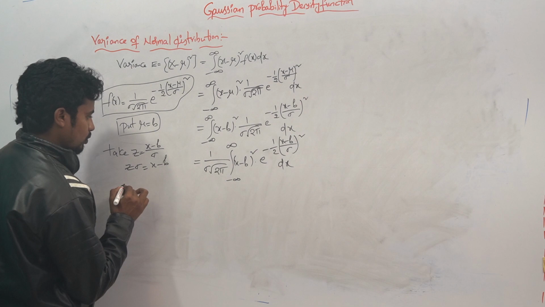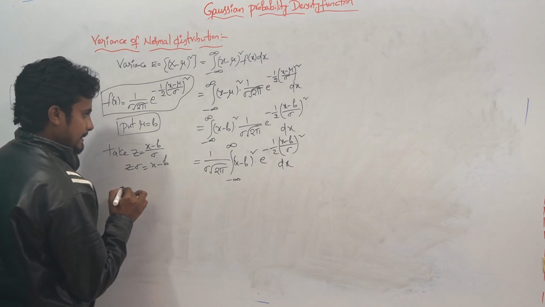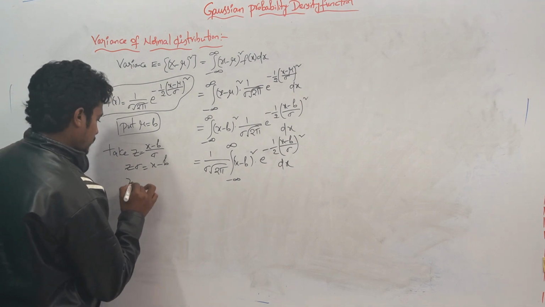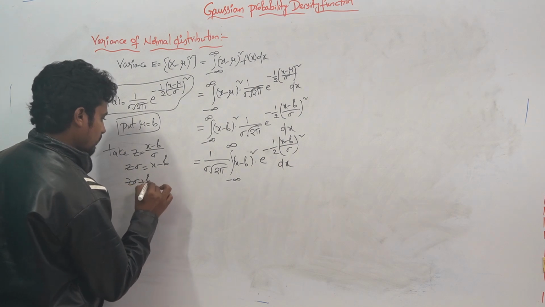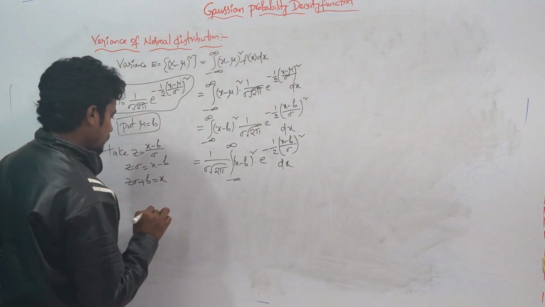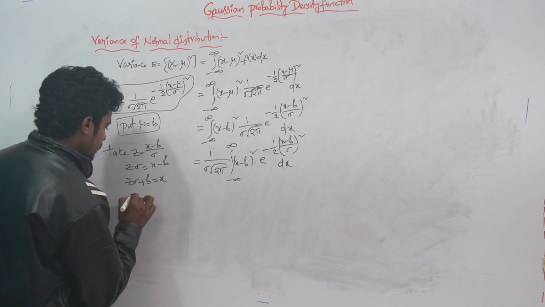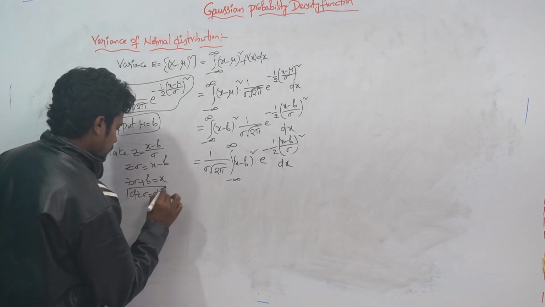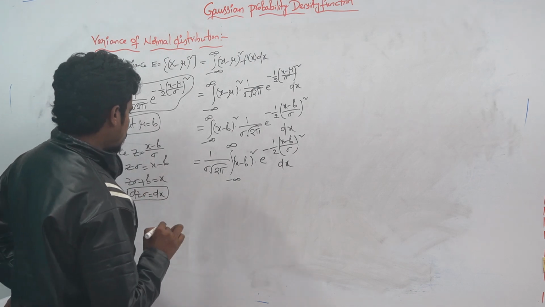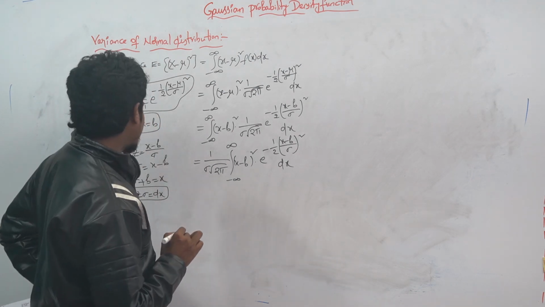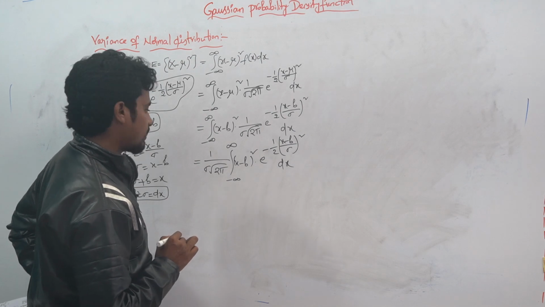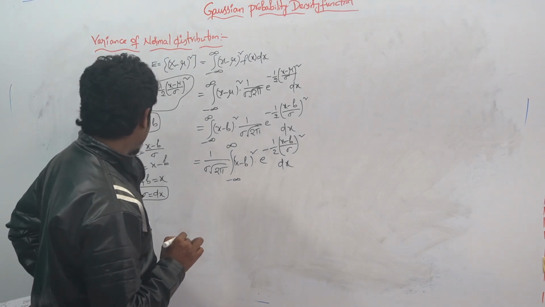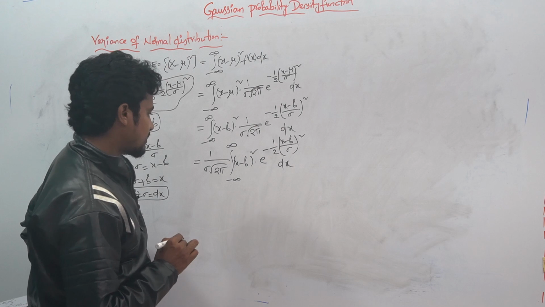So z sigma plus b will be equal to x, and differentiating it, what we will get? dz into sigma will be equal to dx. Put z is equal to (x minus b) divided by sigma, x minus b is z sigma, and dx is sigma into dz.